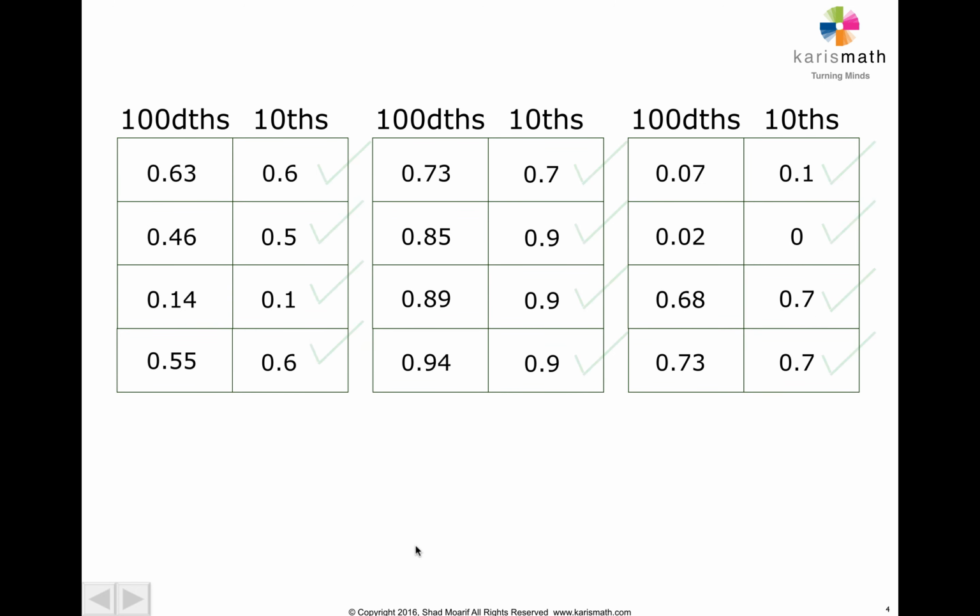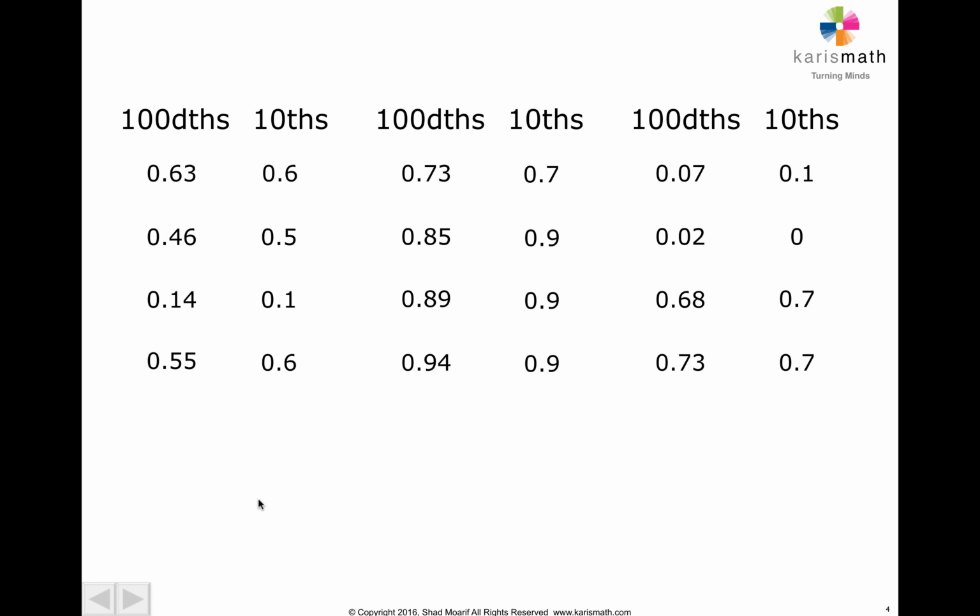Now that you've done all of these, you should be able to see some patterns here. Let's look at some patterns here. 0.63 converts to 0.6. So 4.63 will convert to 4.6.